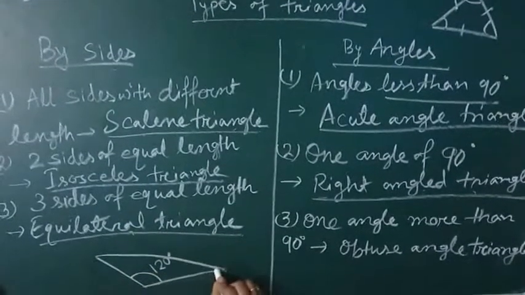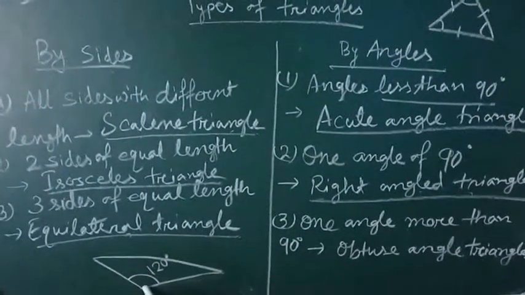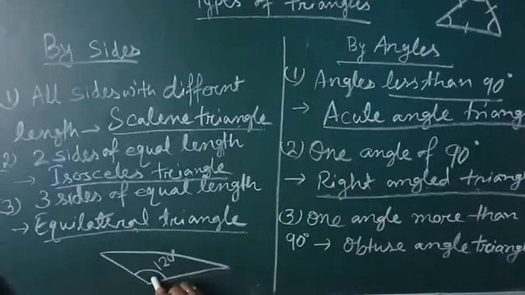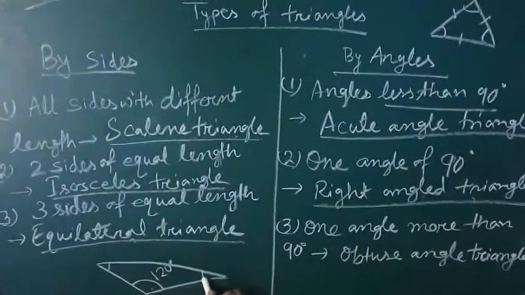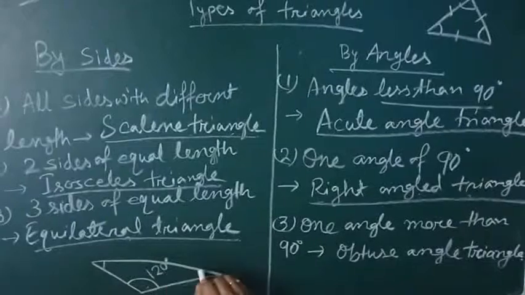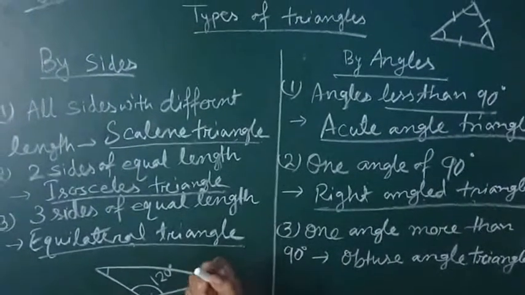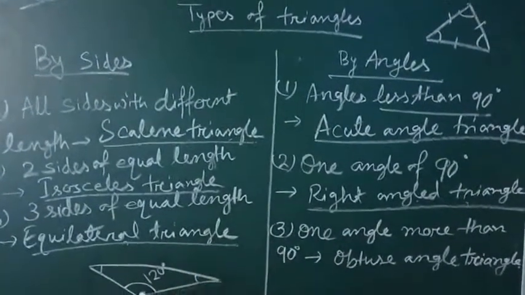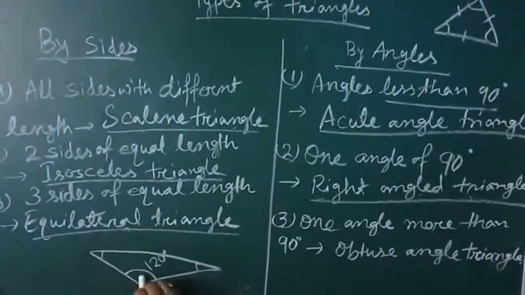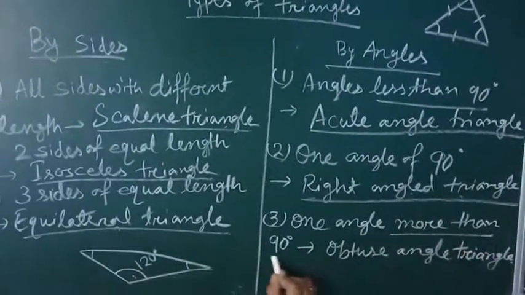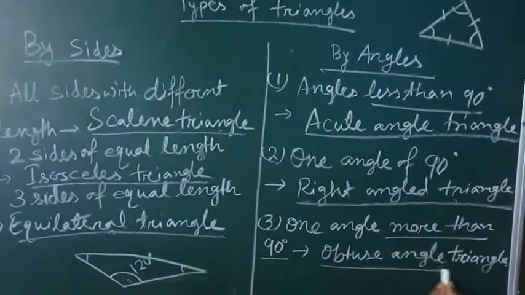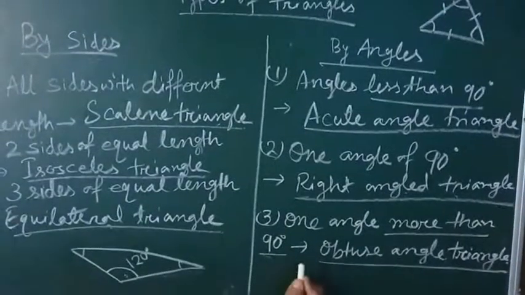Yes, I can get that kind of triangle where one angle is 120 degrees, and definitely the other two angles will be acute angles, less than 90. Definitely, because the sum is 180. So when one angle is more than 90 degrees, it will be called an obtuse angle triangle.